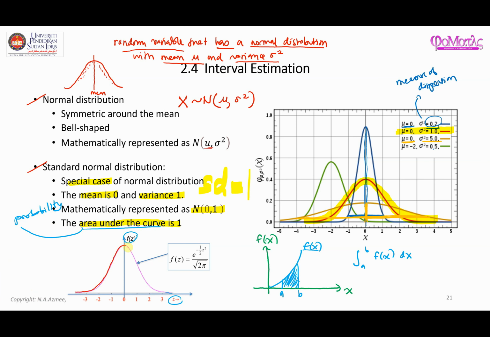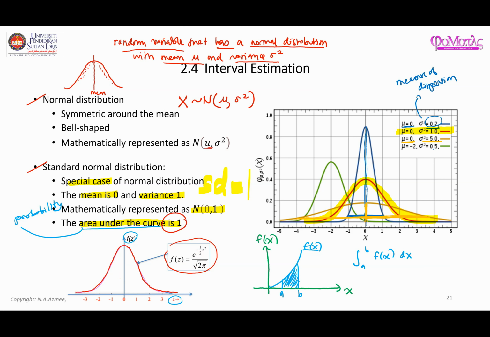The curve here doesn't touch the z-axis. It goes very close, but it doesn't touch the z-axis. And the curve is described by this function here. It doesn't look pleasant. It doesn't look friendly at all. So you can imagine trying to integrate this function in order to find the area under the curve.